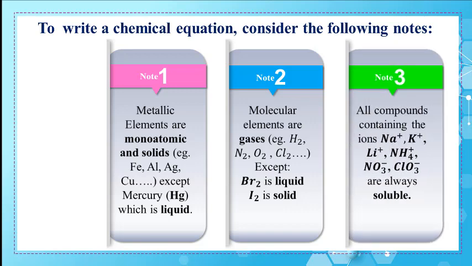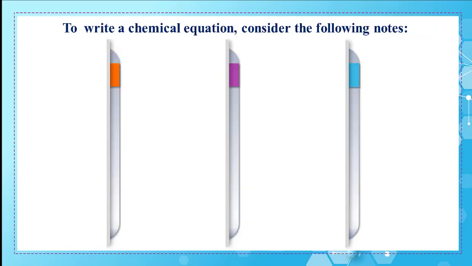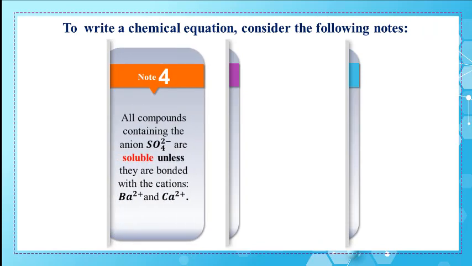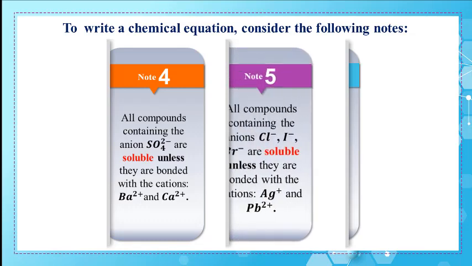All compounds containing the ions Na+, K+, Li+, NH4+, NO3-, ClO3- are always soluble. All compounds containing the anion SO4 2- are soluble unless they are bonded with the cations Ba2+ and Ca2+.